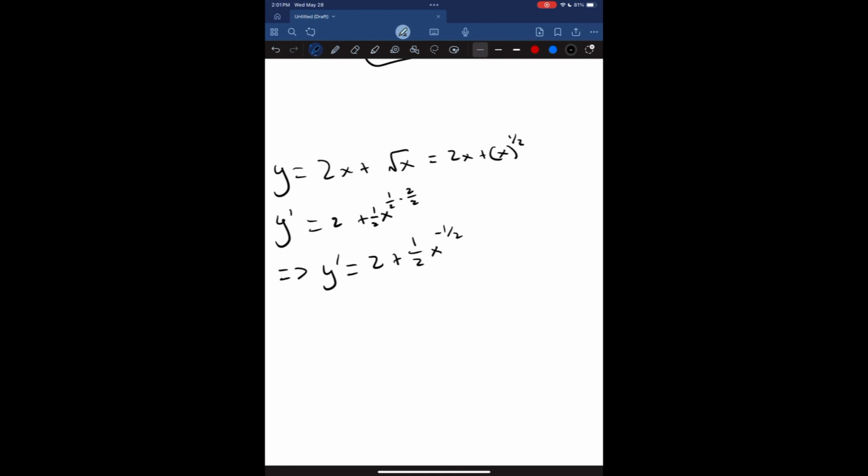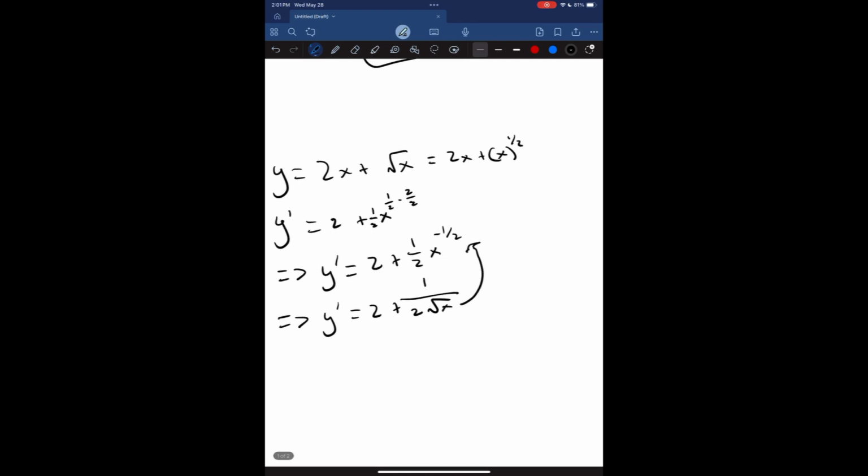In some cases you can stop right here, but I'm going to continue simplifying further. This gives us that y prime is equal to 2 plus 1 over 2 times the square root of x. Because right here, we have a negative 1/2 exponent on x, which goes in the denominator, because remember from our algebra rules, a negative exponent you bring into the denominator, and a power of 1/2 is a square root.